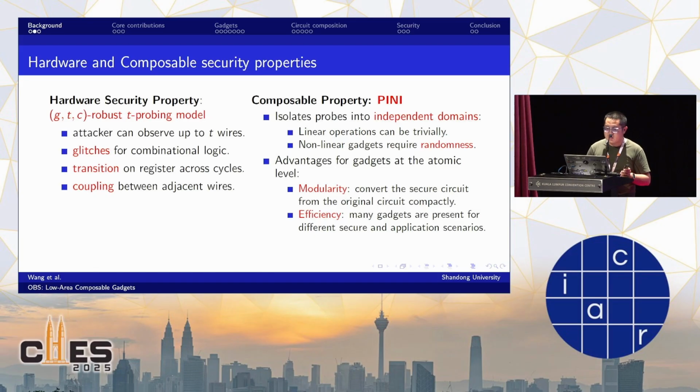This definition allows us to modularly build secure circuits from secure subcircuits while ensuring that the probes are isolated across domains. Many different gadgets have been proposed for different security and application cases, so we can build different kinds of circuits, such as low area or low latency, efficiently.